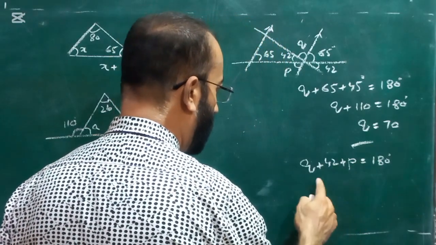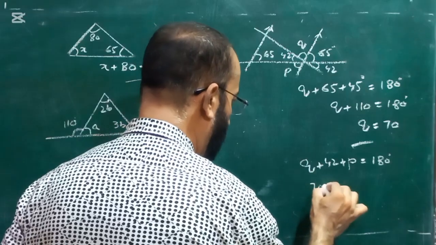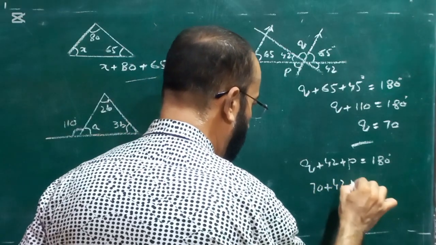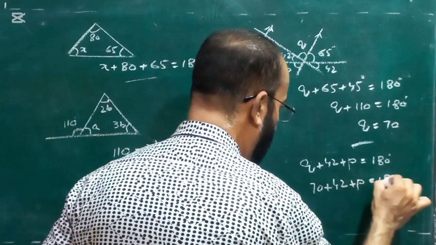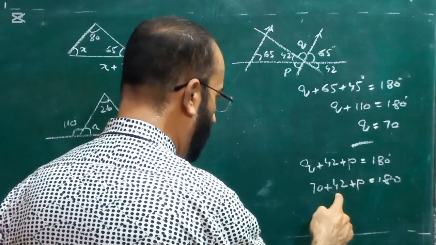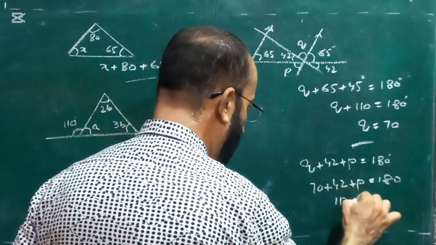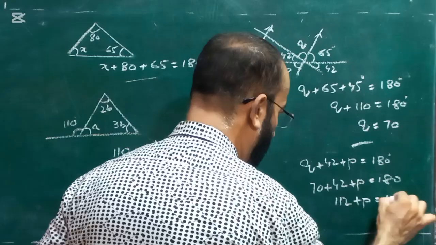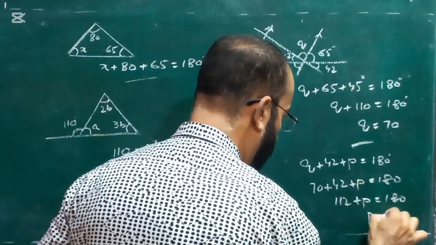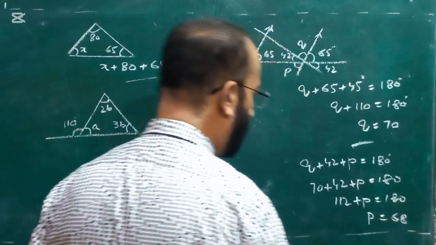Q's value is there, that is 70. So 70 plus 42 plus P is equal to 180. From here, 112 plus P, and P is equal to 68.